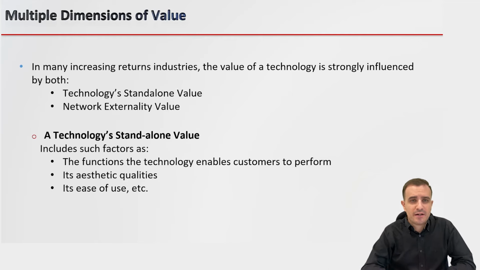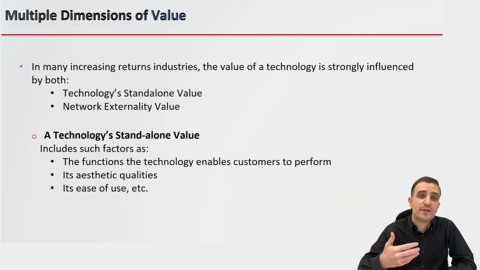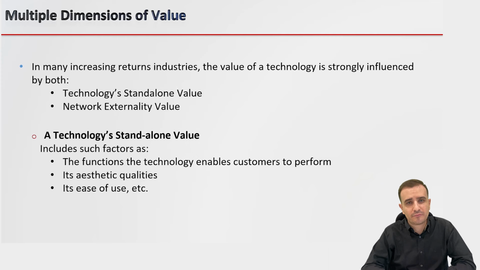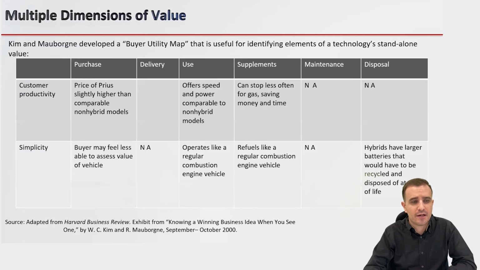Multiple dimensional value, as I said, means that there is one more factor to consider, and this additional factor is the externality value, what we define as the network value. What are the components of the network value? Primarily there are three.